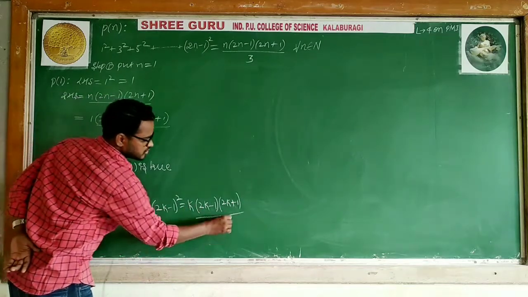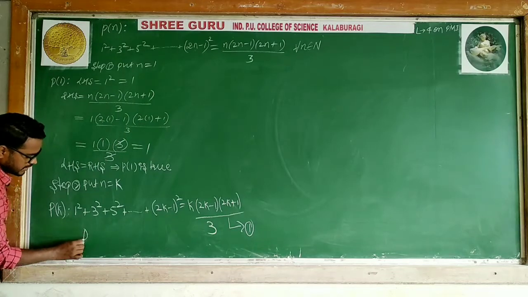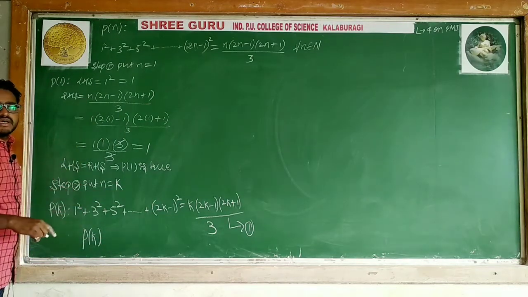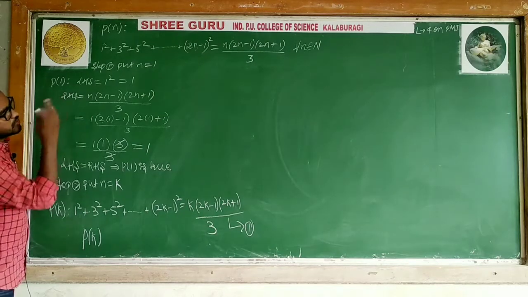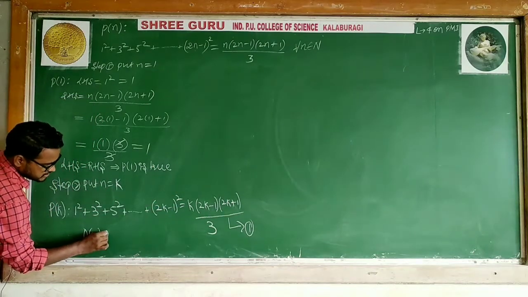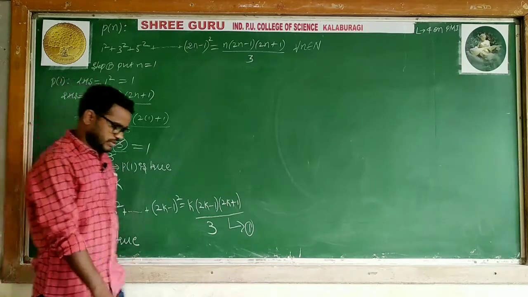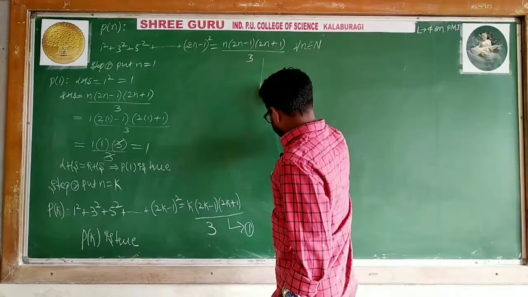Call it equation 1. Everything is the same as in the previous problems. It is only n is equal to k: wherever n is there, I substituted k. P of k is true. Step 2 is over. It's a very simple thing, first step and second step.